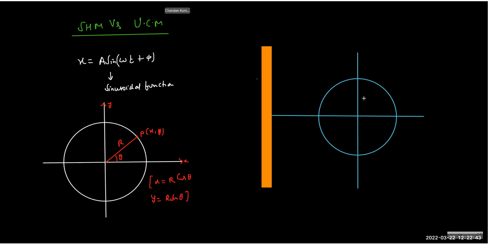Okay. So imagine there is a peg. The red dot is like a peg, maybe a nail, and we project light onto the wall.